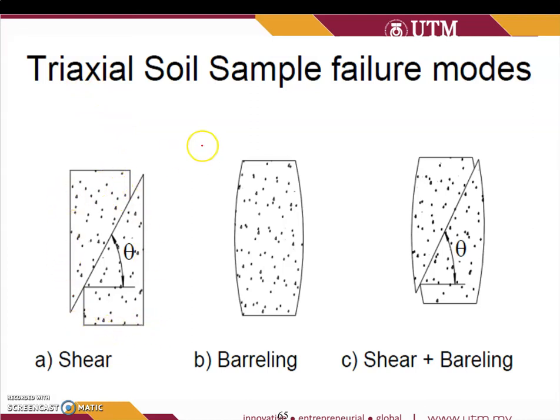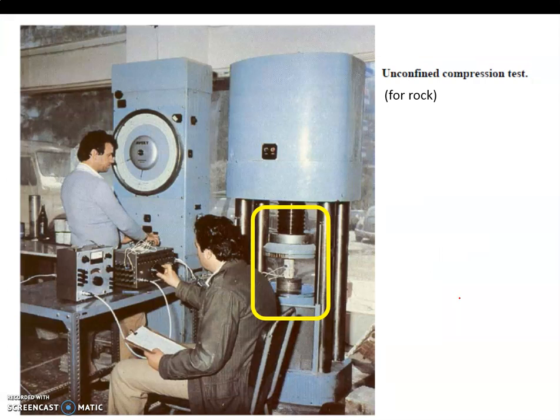The soil sample failure can be either only shear, like this one, where we have failure lines in the sample, or the sample doesn't have any failure line, like sample A, but becomes bulging or barrel. We can also have failure modes that combine both, the barrel and shear together.